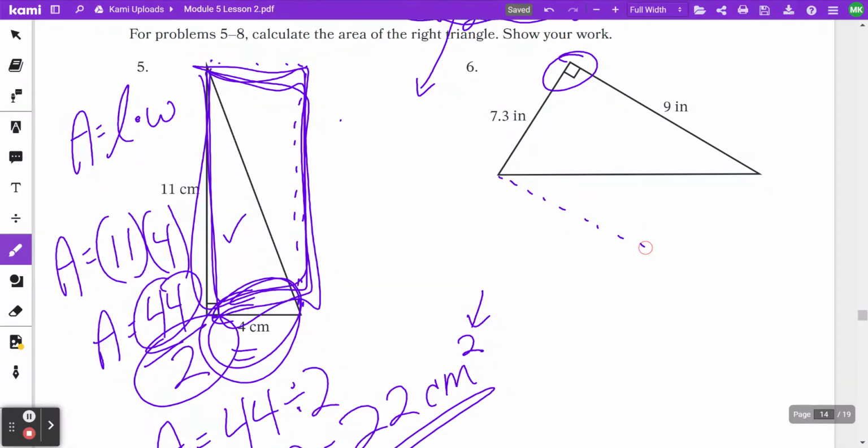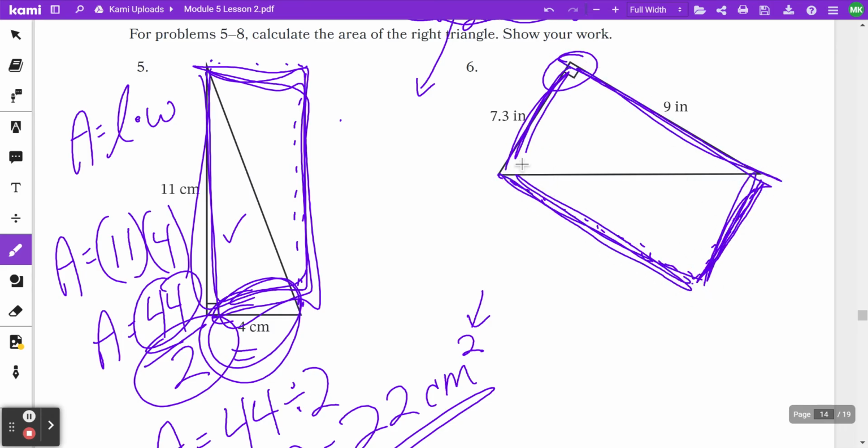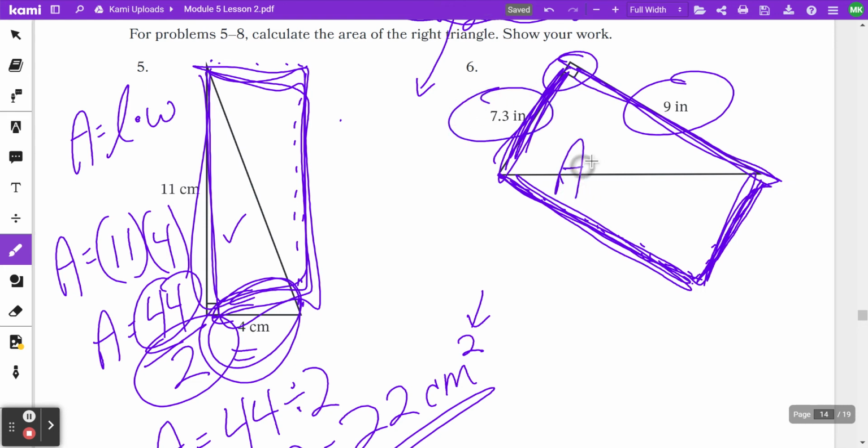So if I draw the same rectangle over here, I create a rectangle out of two of those triangles. So the dimensions of the rectangle are 9 and 7.3. Ordinarily, I would just multiply those to get my area. But I just want this triangle, which is half the size.